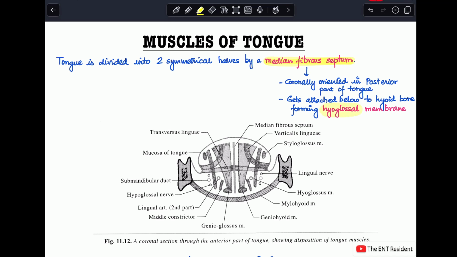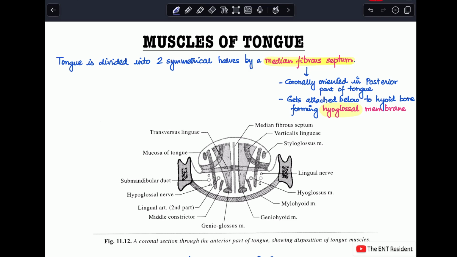How do you remember hyoglossal membrane? These are just big names, but they're not random. If you break down the word into two, the first part, hyo, suggests that it gets attached to the hyoid bone, and glossal means the tongue. So, the median fibrous septum goes from the tongue and gets attached to the hyoid bone through the hyoglossal membrane.